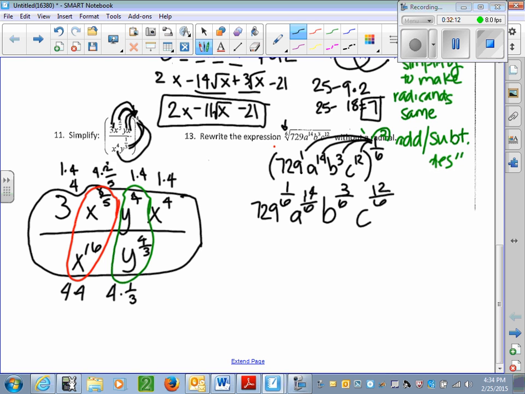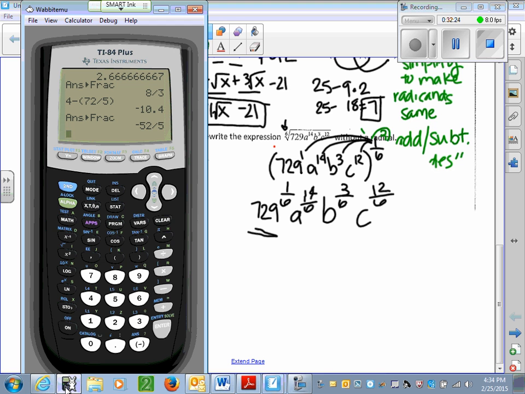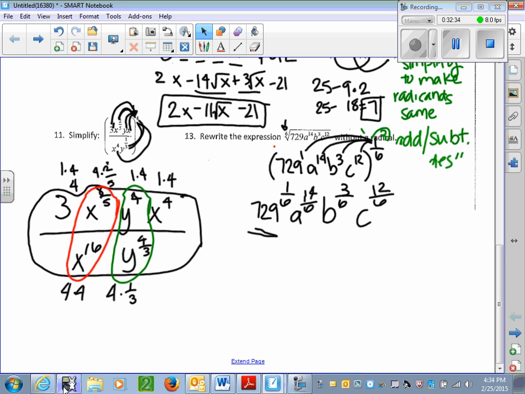Okay, so now I just need to simplify the fractions I can, see if the 729 can be simplified at all. So let's start there. I'm going to put 729 to the 1/6 in my calculator. 1 divided by 6 gives me 3. Okay, so this 729 becomes a 3.